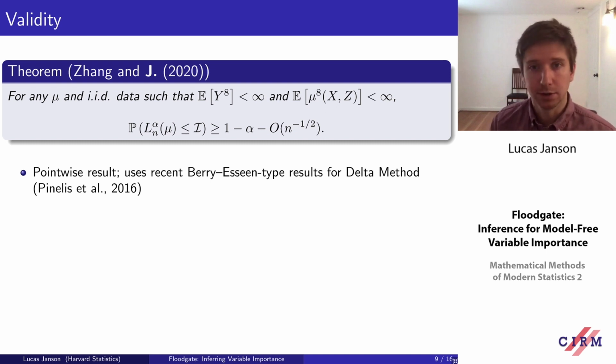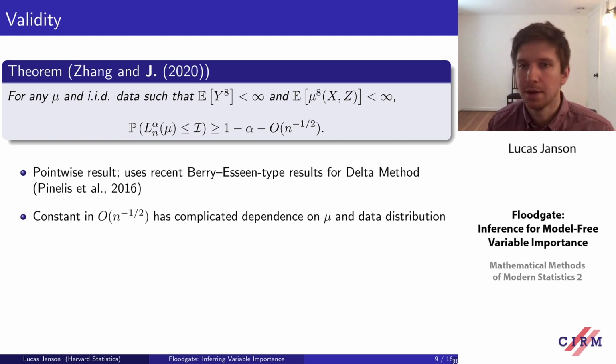It is a pointwise result, and so this is for a fixed mu and a fixed data generating distribution. And we certainly may be interested in questions about what happens when, say, z's dimension is increasing, or mu is changing. High dimensional questions as opposed to the low dimensional asymptotics that's addressed here.